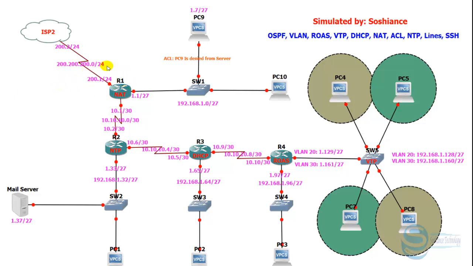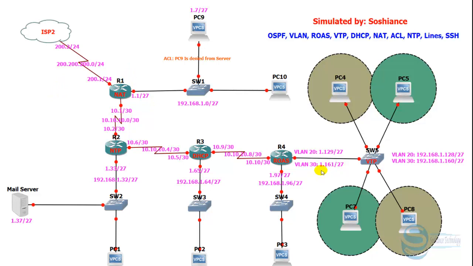We cannot use the public IP addresses within our private network. The first reason is that public IP addresses are not free and you need to buy them. The second reason is security.